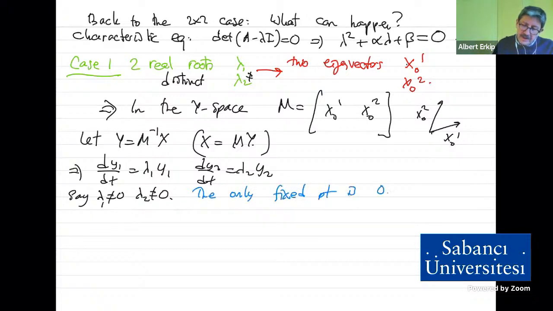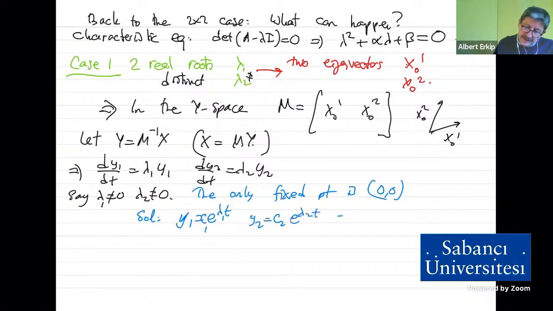Then the solutions are y1 equals some constant times e to the lambda 1 t, y2 equals another constant times e to the lambda 2 t. So that really gives that y2 is just c times y1 to the power lambda 2 over lambda 1, whatever that number is.